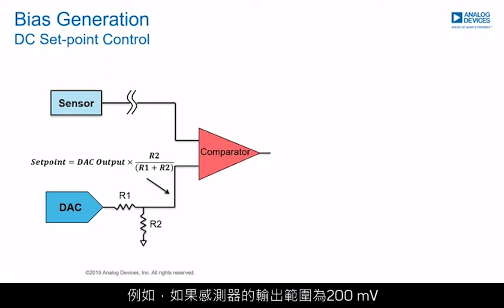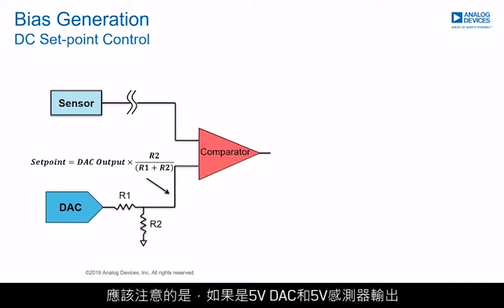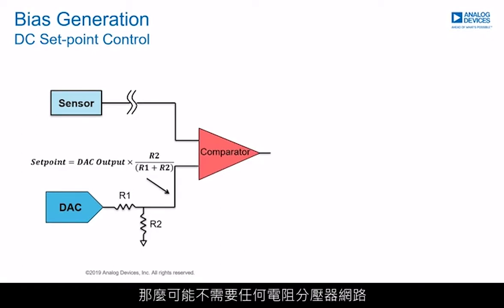For example, if the sensor had an output span of 200 mV, but you were using a 5V DAC, the resistor divider will enable you to reduce the DAC output span to match the sensor range, which effectively improves your resolution in the process. In general, you want to keep the set point at the center of the sensor range. It should be noted that if you had a 5V DAC and a 5V sensor output, you may not require any resistor divider network.